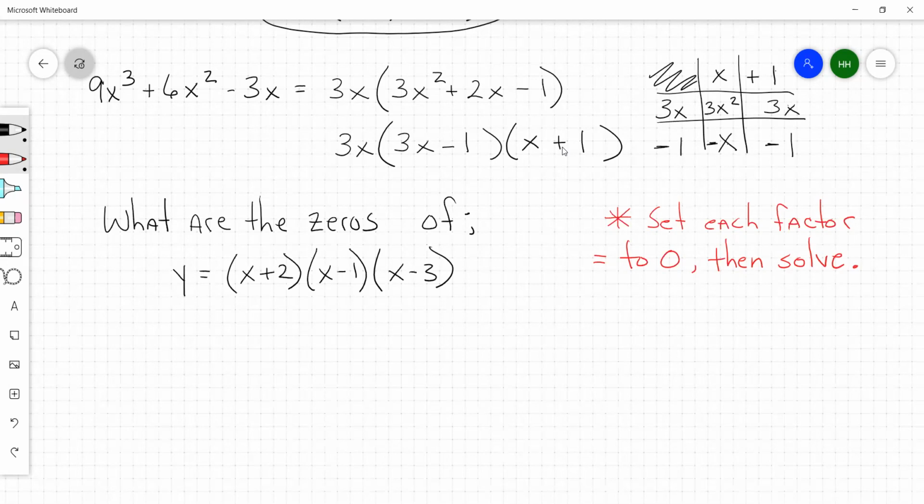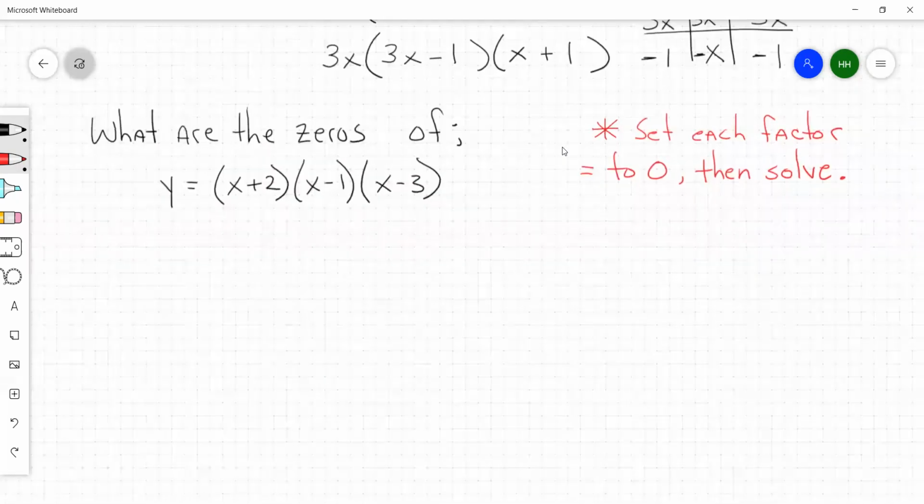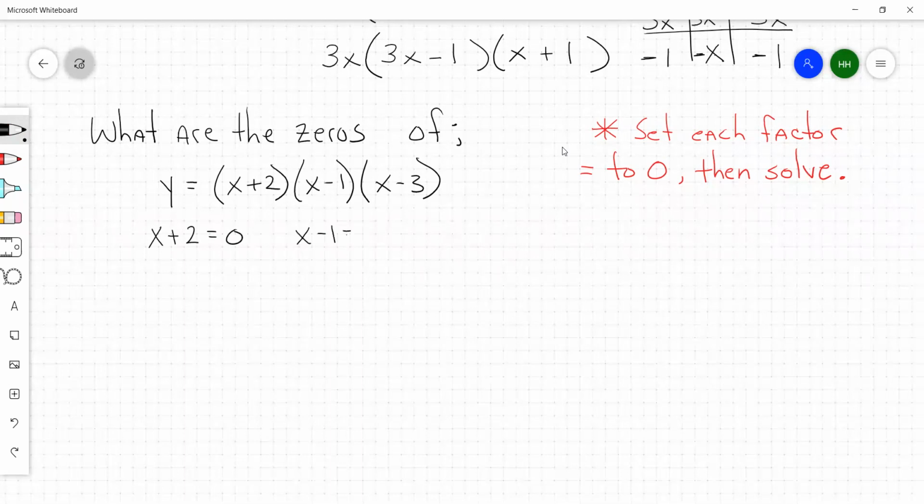So what you've got is a graph here that's going to have 3 zeros, which means it's going to cross the x-axis 3 times. So in order to find these zeros, we're going to set each factor equal to 0. So we take x plus 2 equals 0, x minus 1 equals 0, and x minus 3 equal to 0. And you just solve them all.